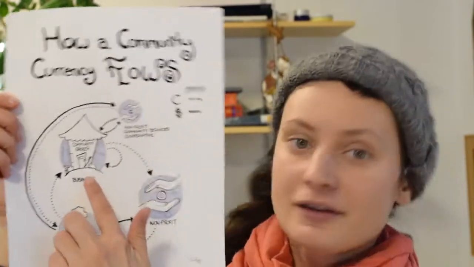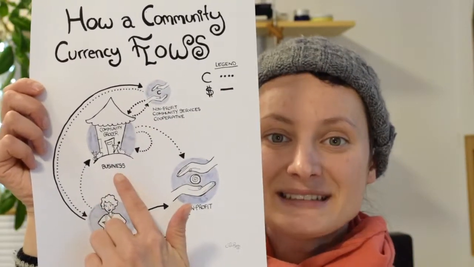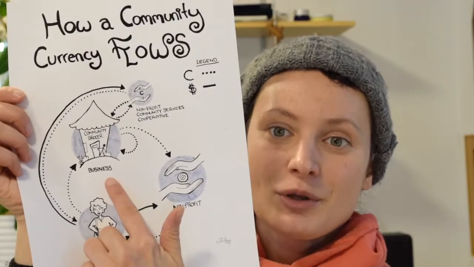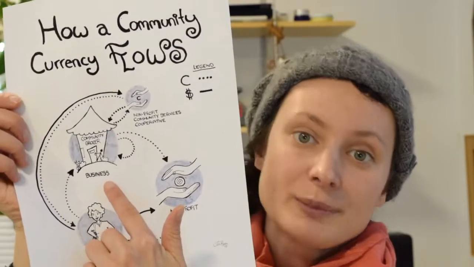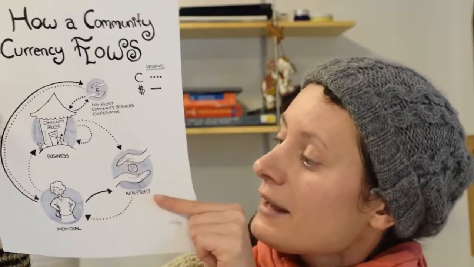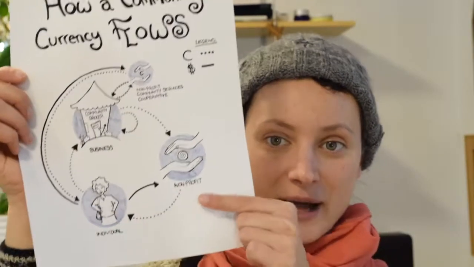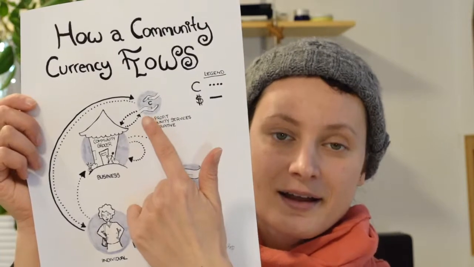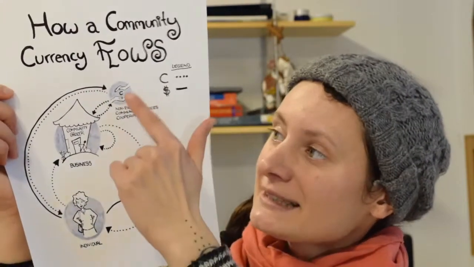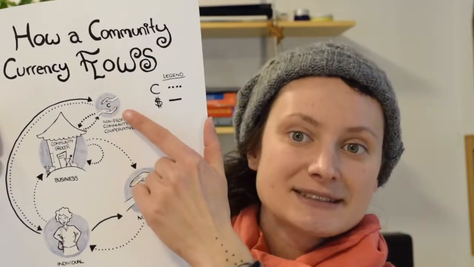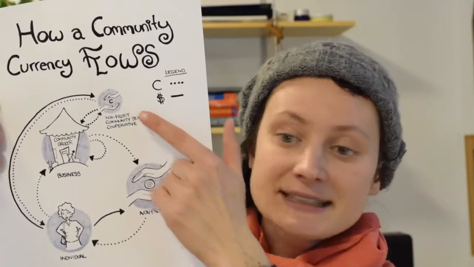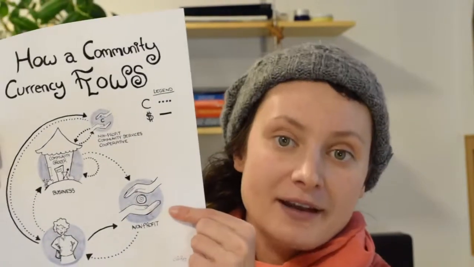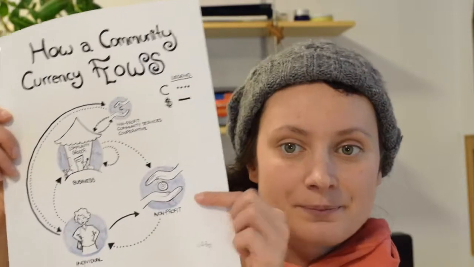So next we have our little business. So in this case, I put a community grocer, but it can really be any local business at all. Then we have nonprofit. So as you can see, the 2 hands here are similar to the 2 hands here. So they're both nonprofit organizations, just that this one is the one that stewards the community currency, and this one is any nonprofit, any local nonprofit cause.